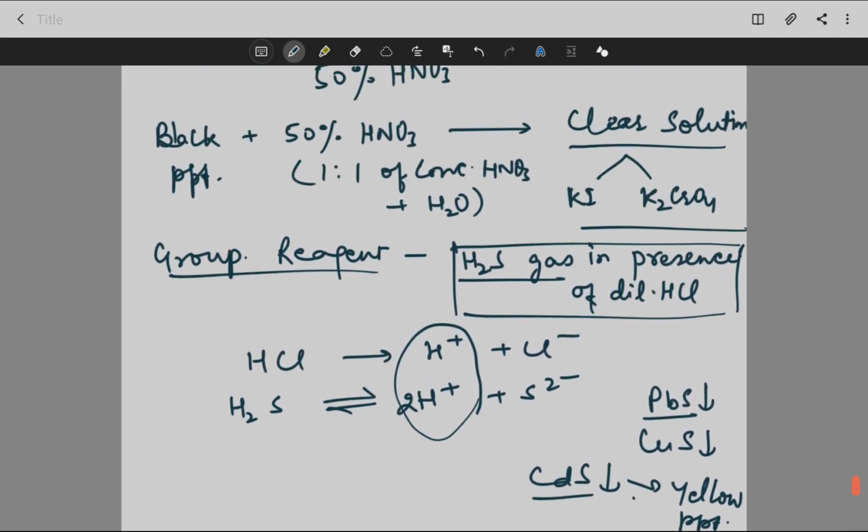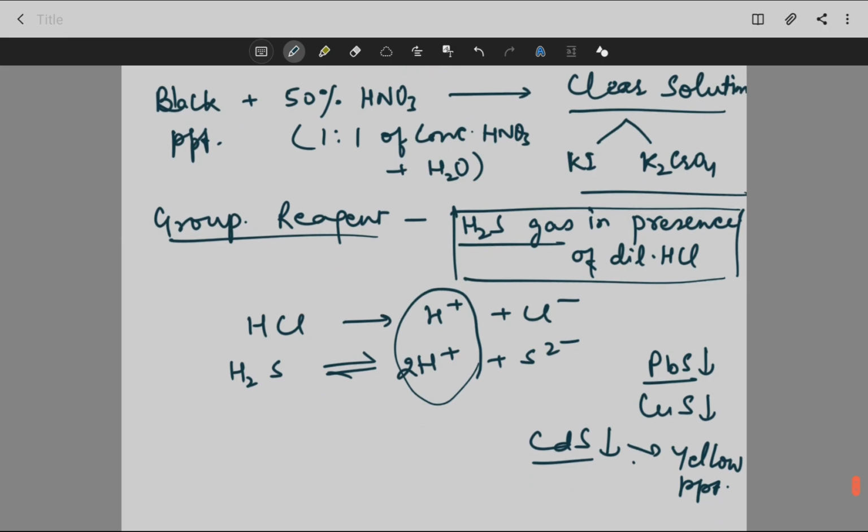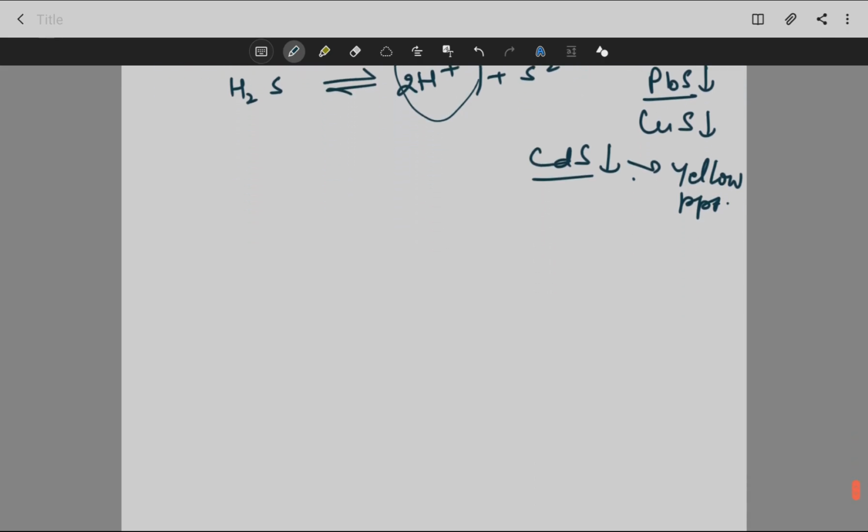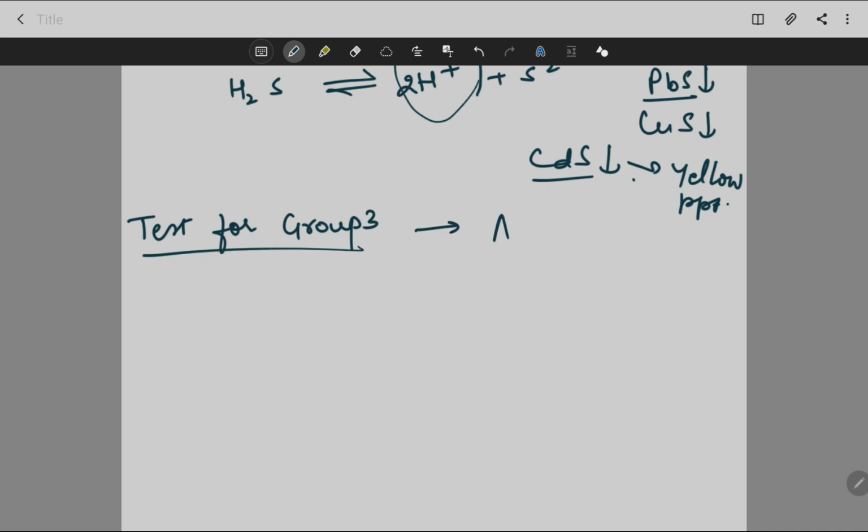Now, say for example, after passing H2S gas, if we don't get any black or yellow precipitate, it means group 2 is absent. So we are supposed to move to group 3. Test for group 3 reagent. What are the ions present here? It is Al3+ and Fe3+.